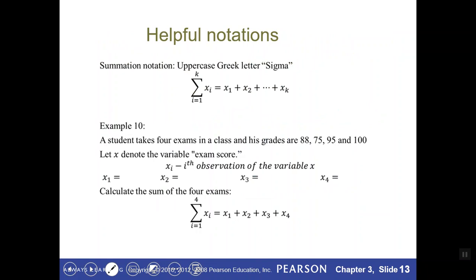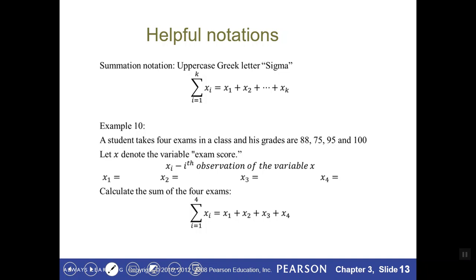There is a notation we use in statistics called the uppercase Greek letter sigma. It is the notation for summation. We denote our summation using this sigma notation. At the bottom of the summation notation, we use our variable, i, going from 1. At the top of the Greek letter sigma, we denote the endpoint.